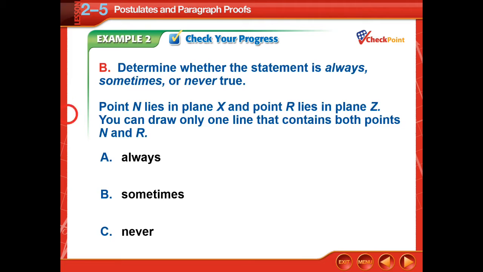So that will be always. And that is why you have to remember that through any 2 points there is exactly one line, not that it's 2.1 or 2.2. Just that through any 2 points there is exactly one line, even if they are not on the same plane.